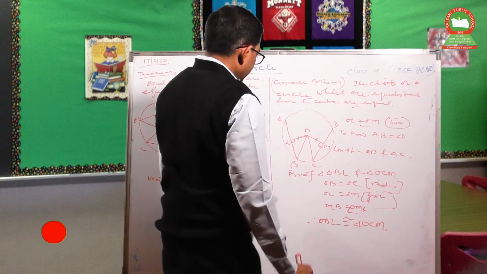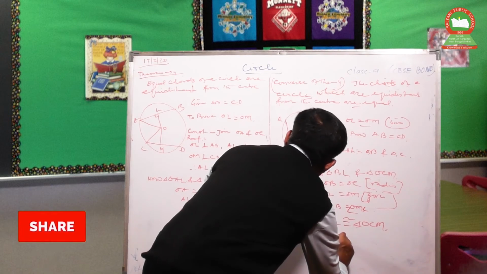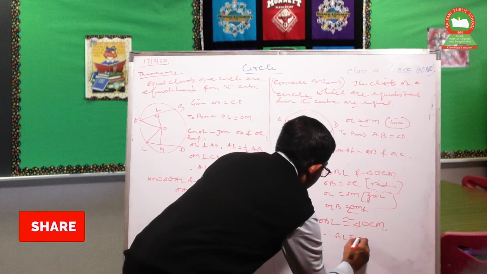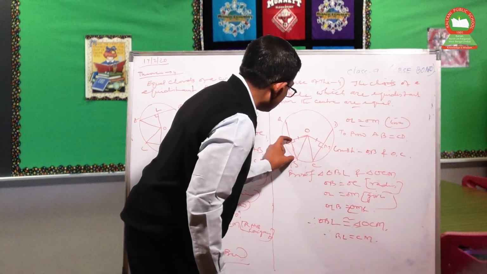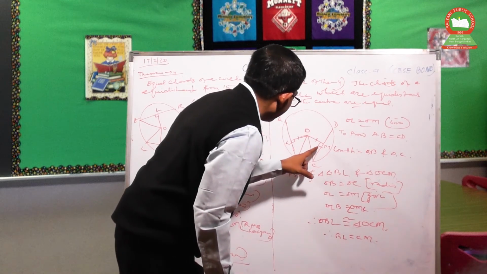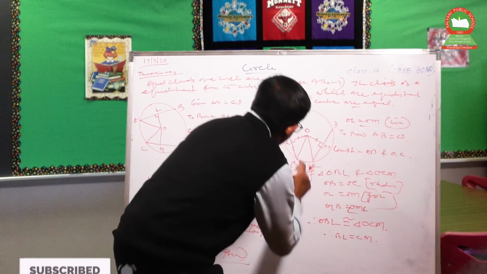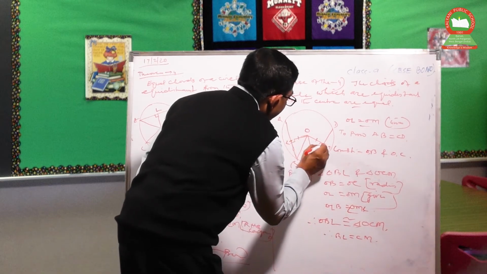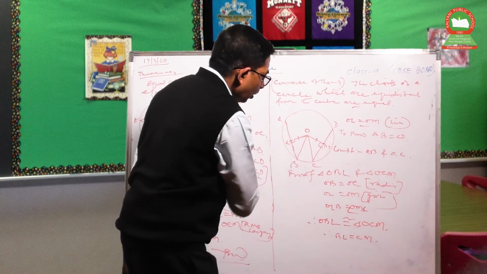So here you can see BL equals CM. If it is equal and this is perpendicular to this, then L and M will be the bisectors of these two chords.